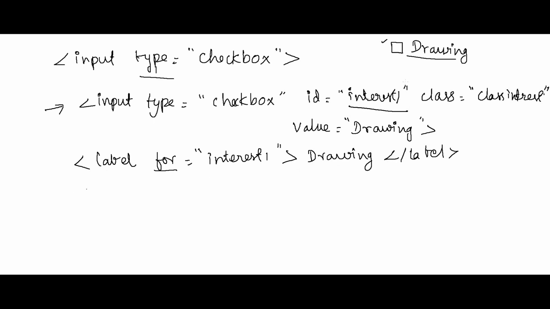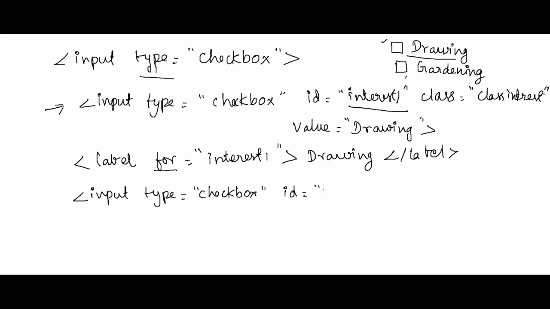Again I am going to give here the interest checkbox, gardening. If I want to create this checkbox, I can go with input type equal to checkbox, ID equal to, we can give it as interest 2.